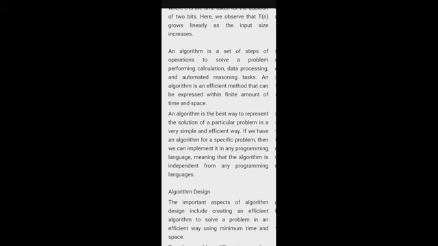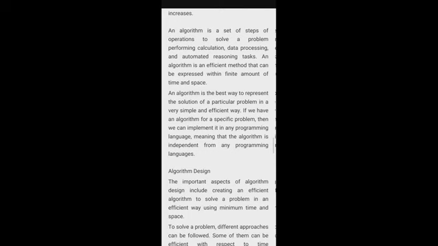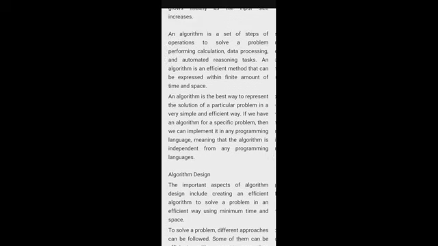You can replicate a single algorithm in as many programming languages as you want. Then this is what we'll be talking about today, which is algorithm design.